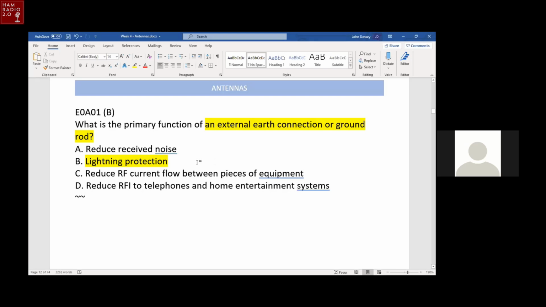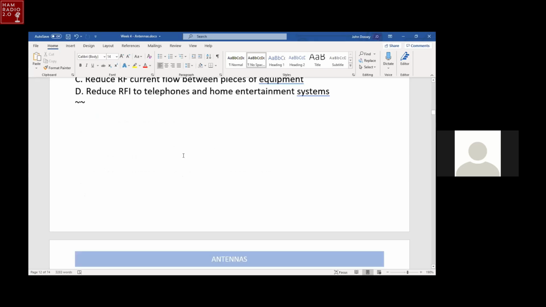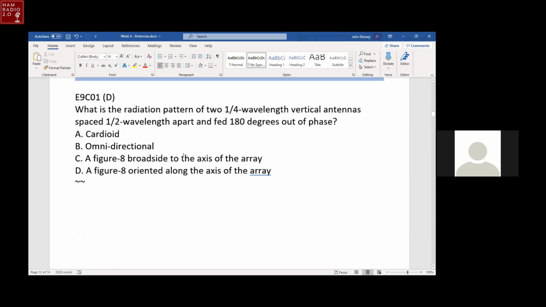It doesn't take long for that much current to find a place to go. It will find the lowest impedance to earth ground that it can. So the primary function of an earth connection and ground rod is for lightning protection. And they're very, very necessary.